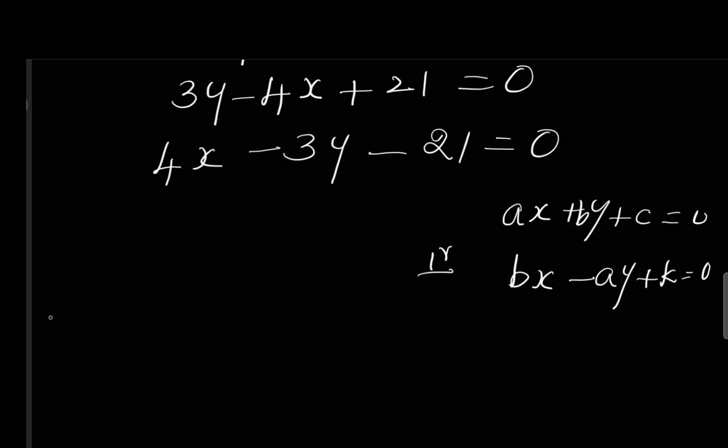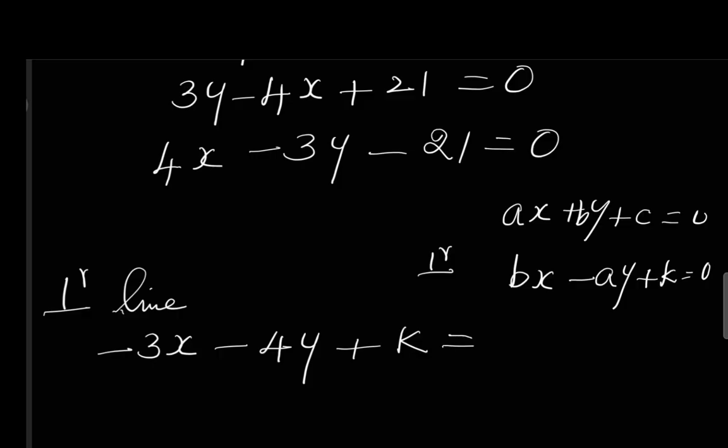So the perpendicular line is, the y coefficient I am writing as the x coefficient, minus 3x, and this x coefficient I write as negative, minus 4y plus k is equal to 0.